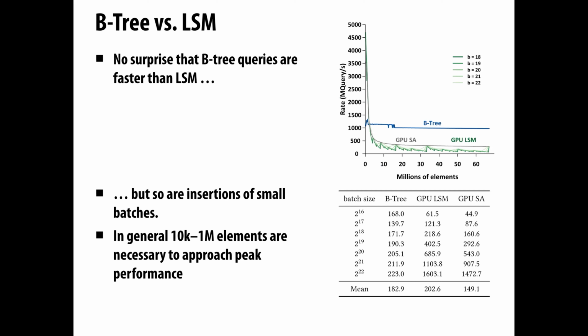So that was gratifying, not something we really expected from the theory, but it turned out we didn't need so many elements to fill up the GPU because we used this work cooperative strategy, which was potentially helpful there. And so for small insertions, our B tree actually performs surprisingly well.